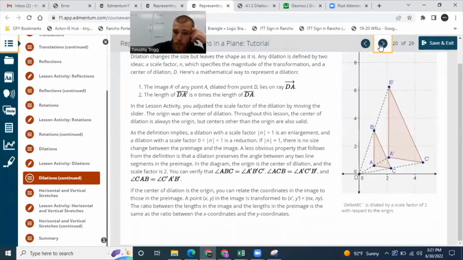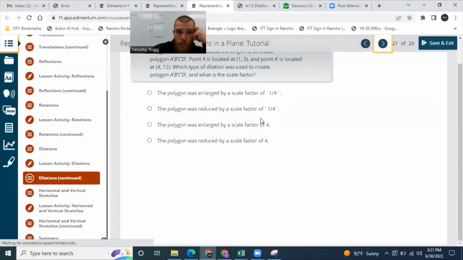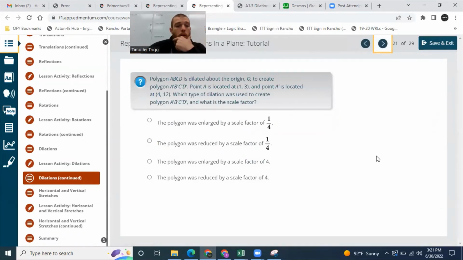Okay, talking more about dilations. Yes. Angles are conserved. Yes. Okay, polygon ABCD is dilated about the origin to create polygon A prime, B prime, C prime, D prime. Point A is located at 1, 3, and A prime is located at 4, 12. So let's stop there.